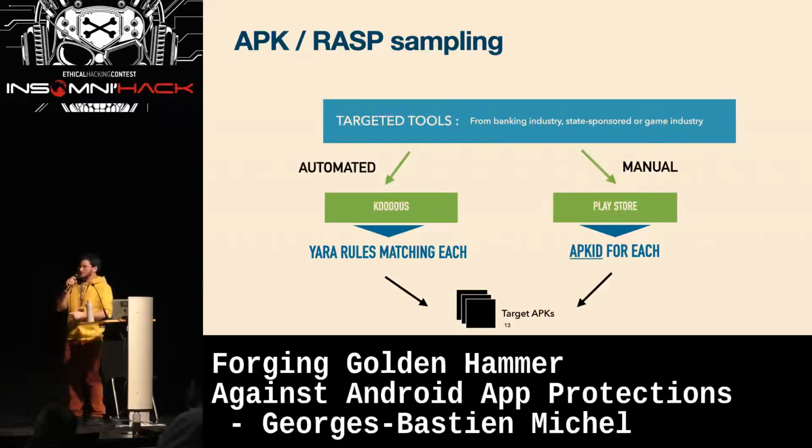And for each, we reversed some of the native libraries packed with a protected application in order to identify and write YARA rules for each. And we deploy such rules on Koodous in order to automate the sampling of APKs, weakened or protected APKs.